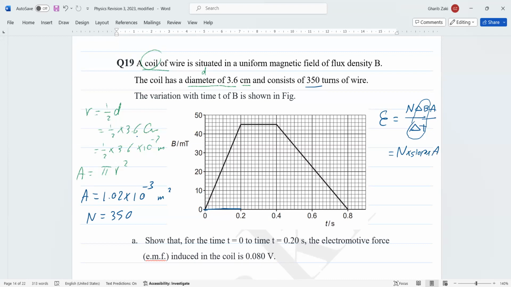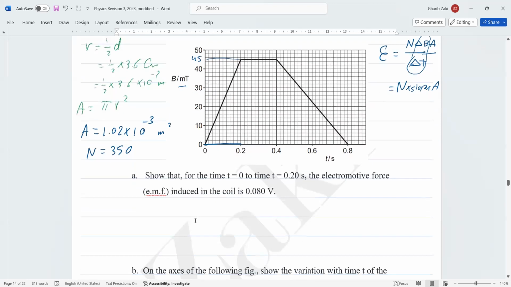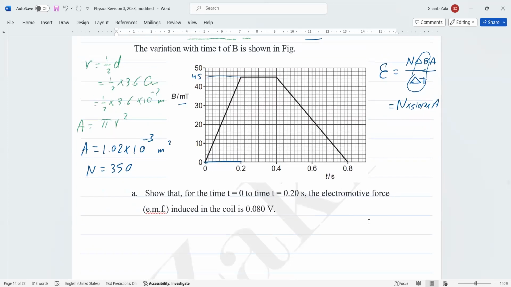Now we need to get the slope from 0 to 0.2. When you draw this, you will get it at the middle, that is 45. Then the vertical change is 45 millitesla over the horizontal change. So the slope in this interval equals 45 multiplied by 10 to the power negative 3, because it's millitesla, divided by the horizontal change, 0.2.